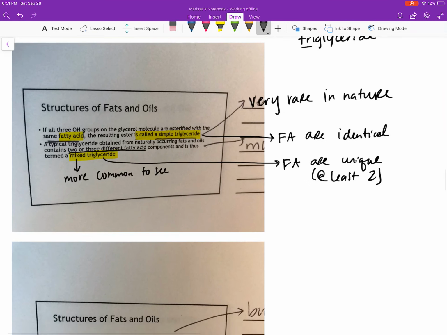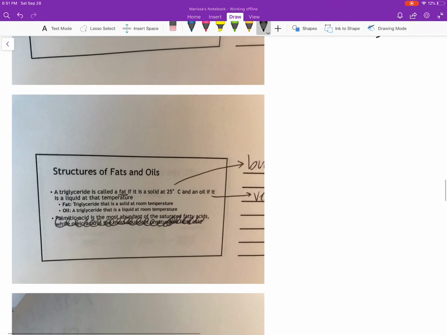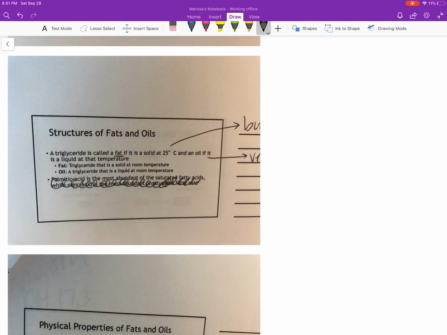All right, so let's talk about something that we've probably observed before. And that's that we have different types of fats whose phases are different at room temperature, right? So a triglyceride is called a fat if it is solid at 25 degrees Celsius, and liquid we call oil. So for example, butter is an example of a fat that is solid at 25 degrees Celsius.